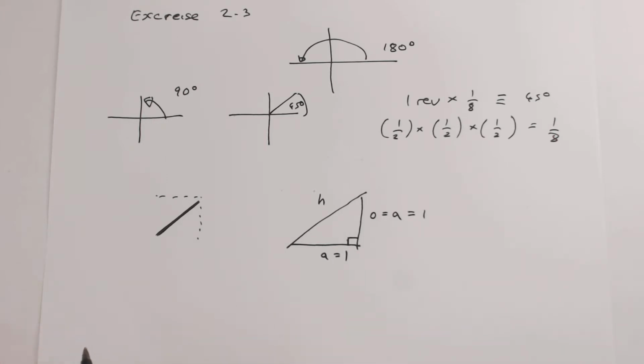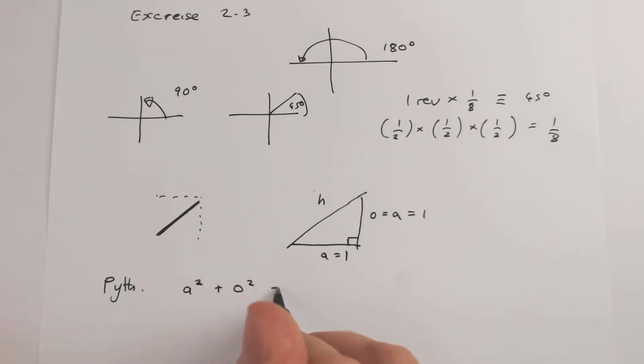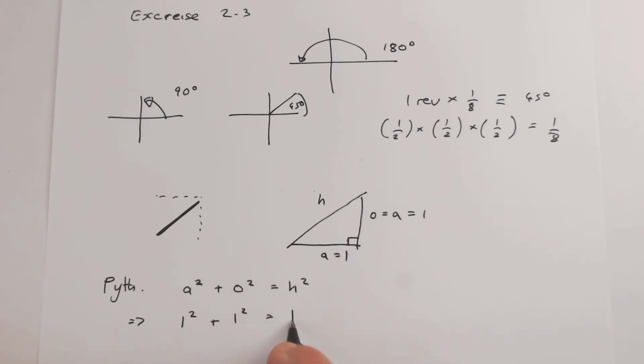Well, I've been told to use Pythagoras. So let's use Pythagoras, and Pythagoras tells me that the adjacent squared plus the opposite squared equals the hypotenuse squared. So I have therefore got that 1 squared plus 1 squared equals hypotenuse squared.